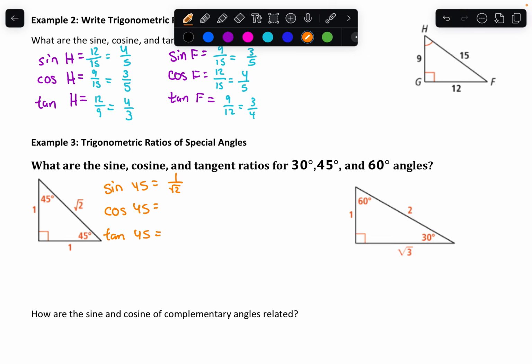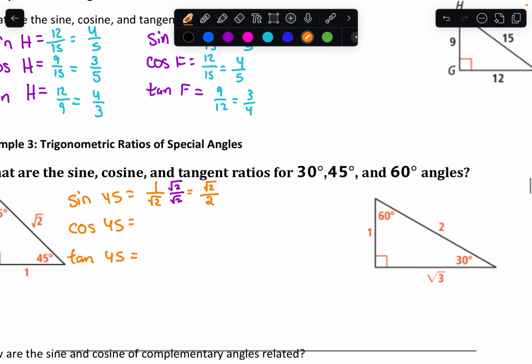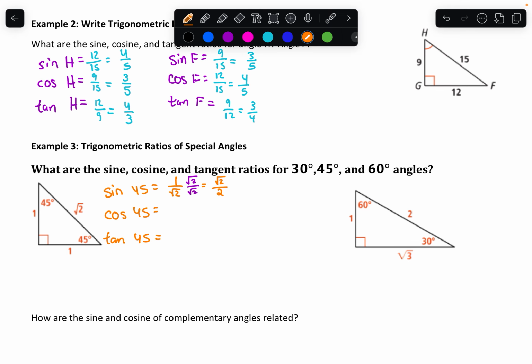However, we're going to want to rationalize that denominator. So I've got to multiply that fraction by the square root of 2 over itself. And I end up with the square root of 2 on the top over root 2 times root 2, which is just 2. So the exact value of the sine of 45 is the square root of 2 over 2.